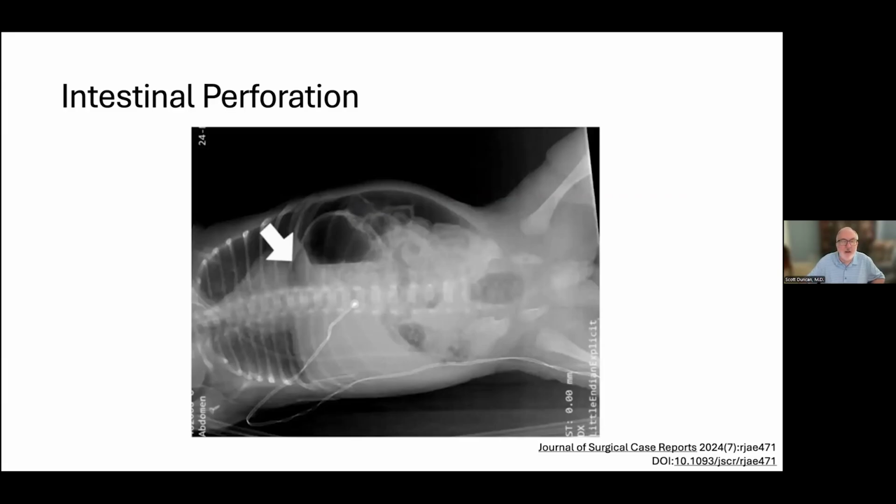This was taken in a decubitus view. You can see the air that exists up above the intestines and the stomach. In this view, the liver side is down, so you're left-sided down on this.